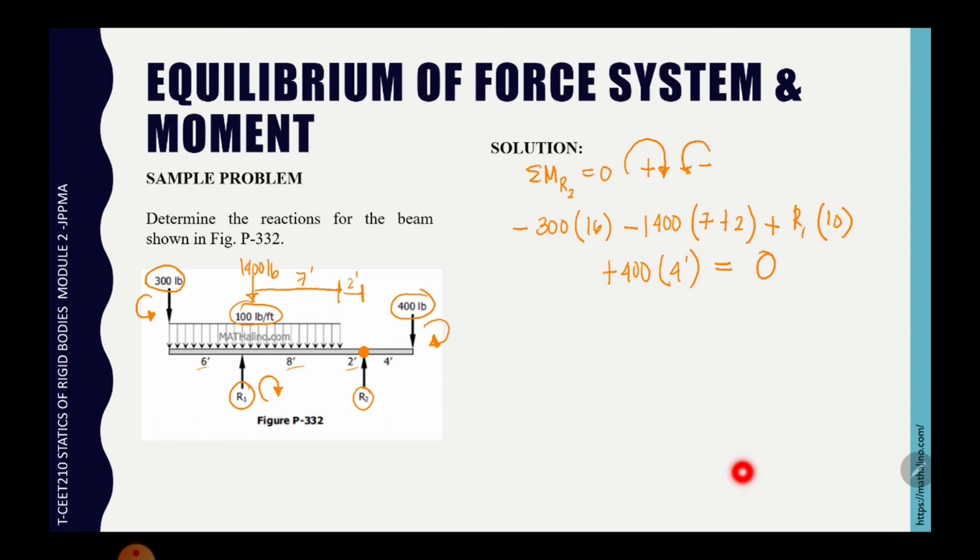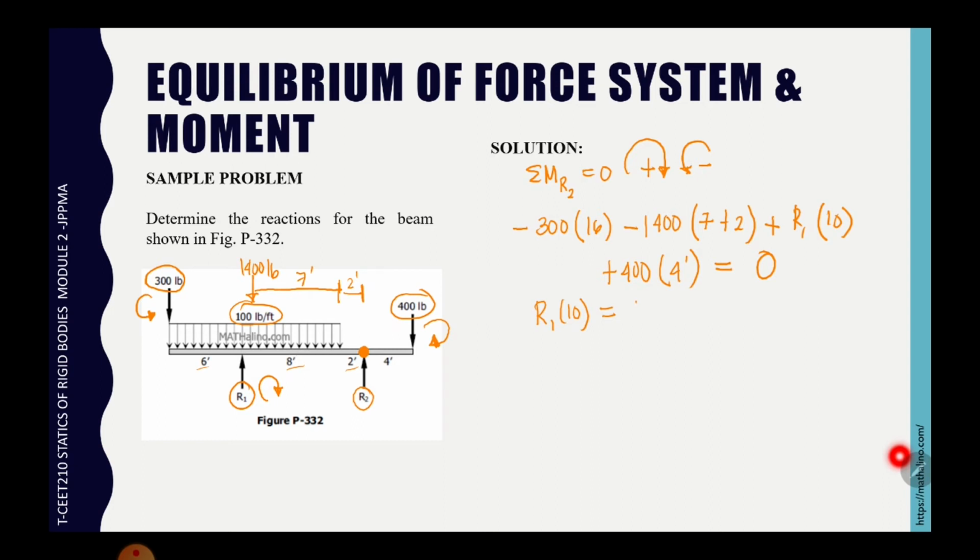So, para makuha si R1 times 10 is equal to lahat po mapupunta sa kabila. Mapupunta sa kabila kaya i-type natin sa calcu 1,400 times 9 plus 300 times 16 minus 400 times 4.